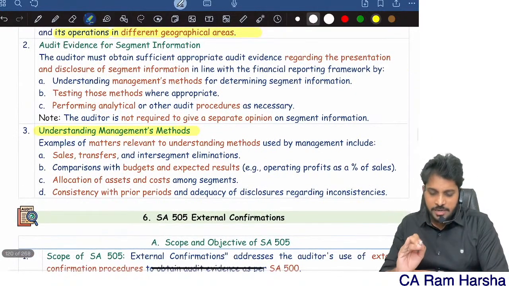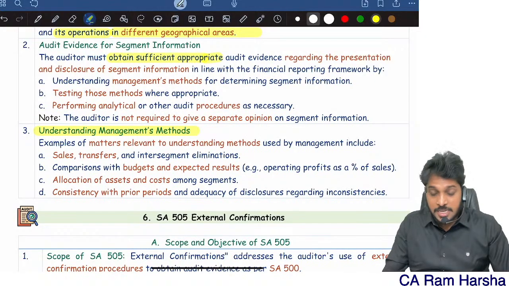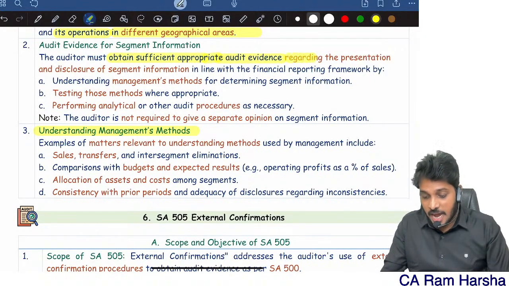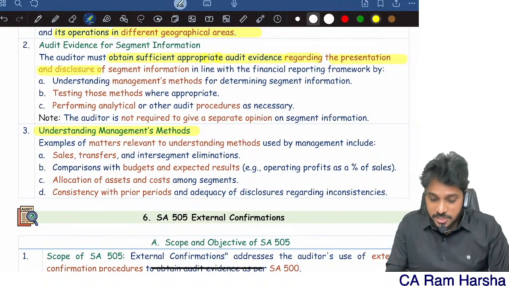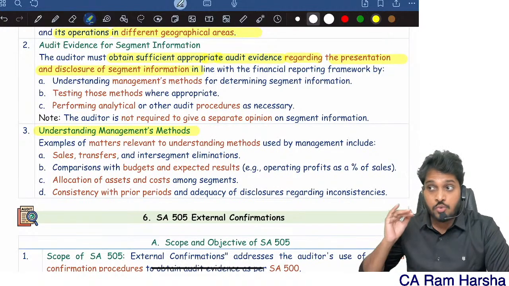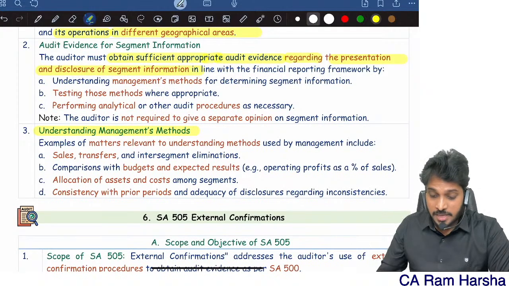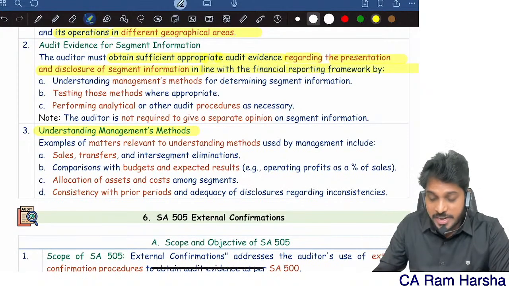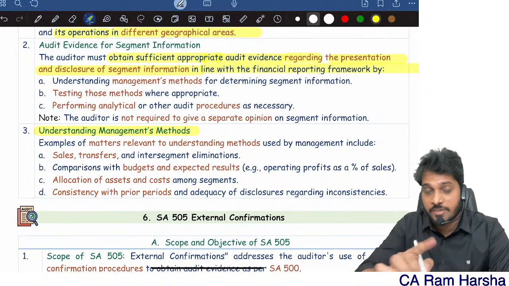So what is the audit evidence? The auditor shall obtain sufficient appropriate evidence regarding presentation and disclosure of segment information. Every company will present segment information, right? How are they presented? How are they disclosed? Whether they are in accordance with the financial reporting framework? That is what we need to obtain evidence about.